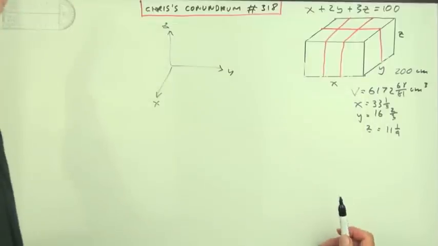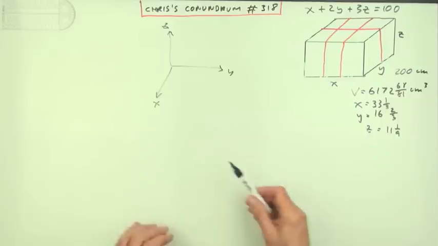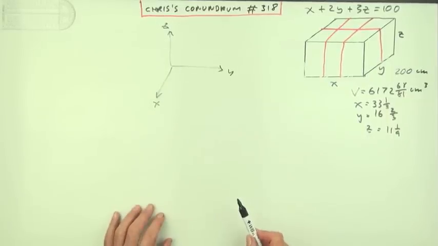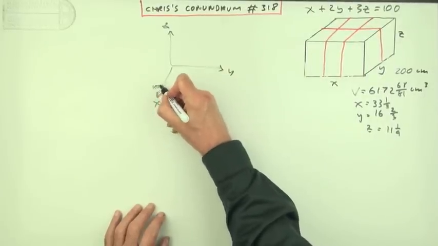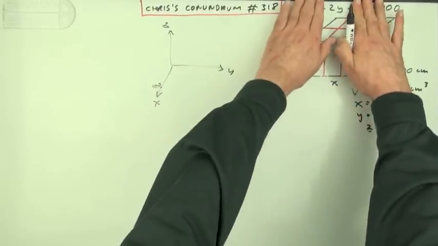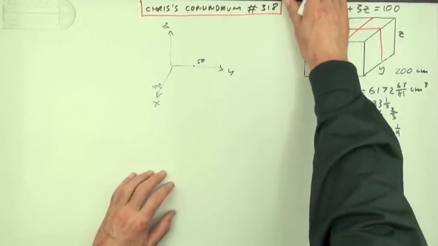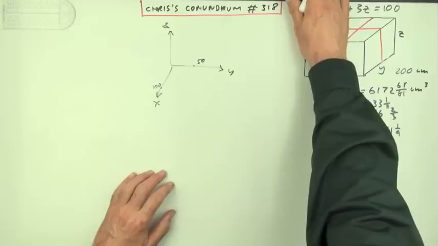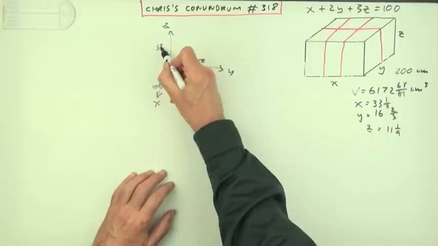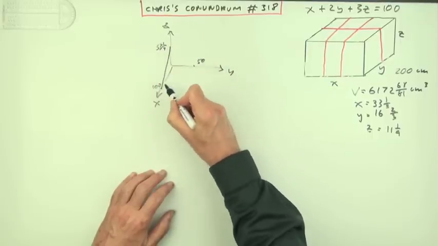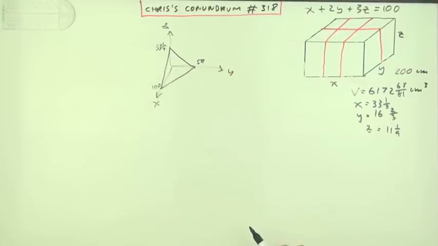How would this plane come through and slice into the room? What portion of that plane would appear in this octant? Well, if y and z were 0, it would go as far as 100. If x and z were 0, it would intersect the y axis at 50, and if x and y were 0, then it would intersect the z axis at 33 1/3. So the plane would appear as this triangle in space.